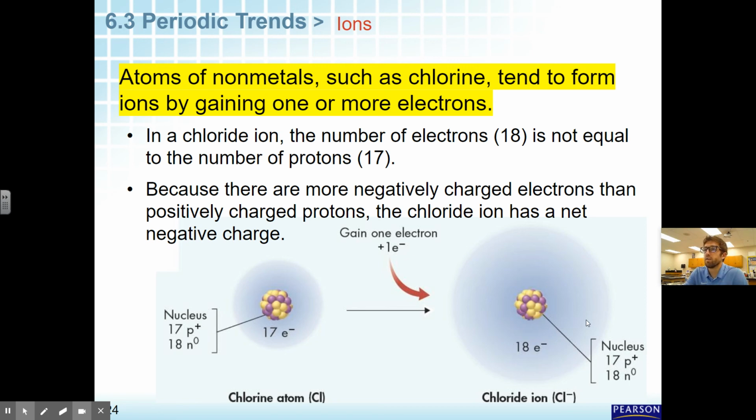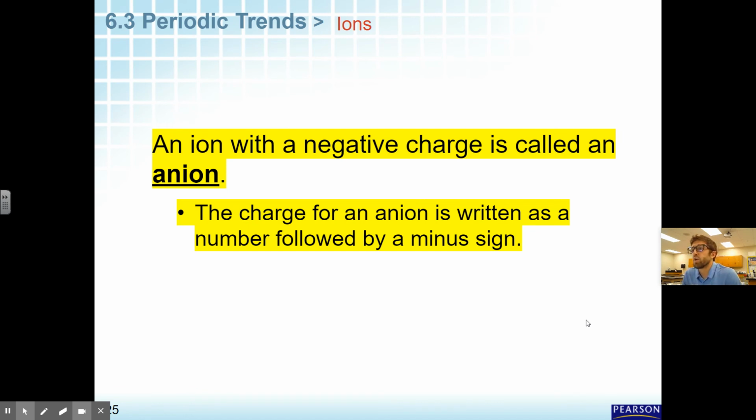Okay, so make sure you know that. We call negatively charged ions anions. Okay, you can think of negative as antagonist, an right there, or some people like to say onion, but if you like onions, that wouldn't make sense. But antagonist, the evil person, negative. The charge for an anion is written as a number followed by a minus sign there.